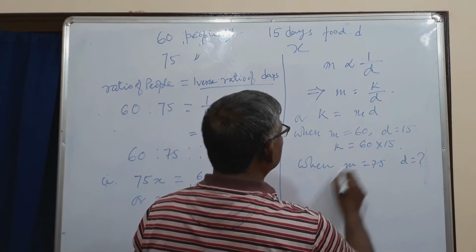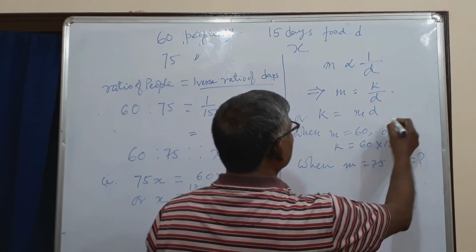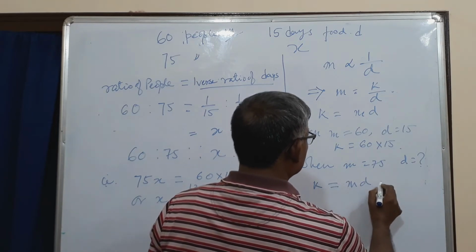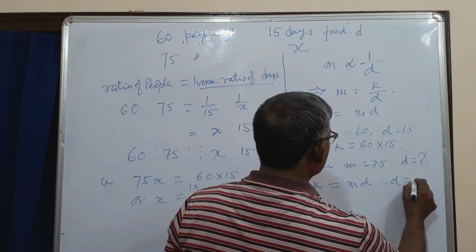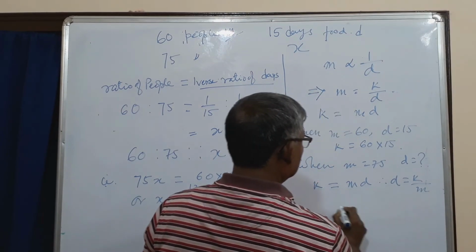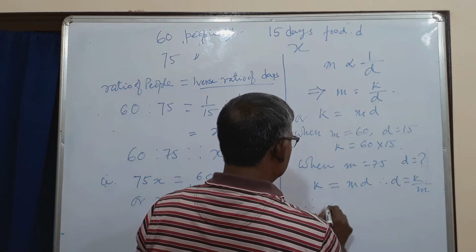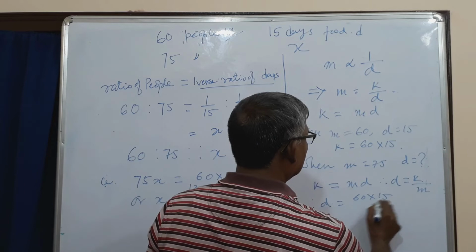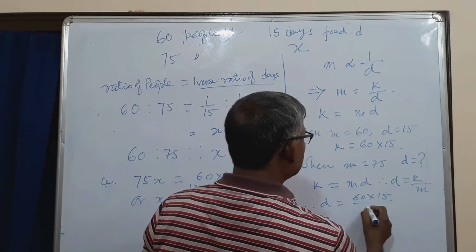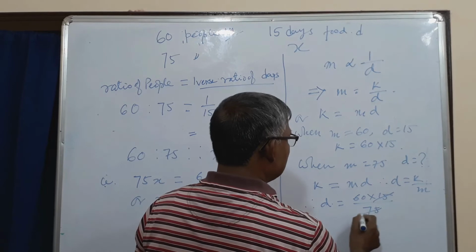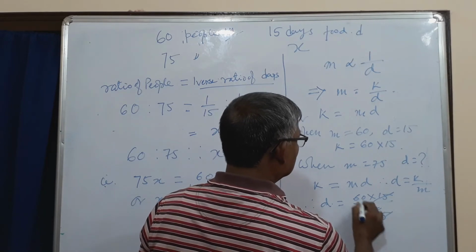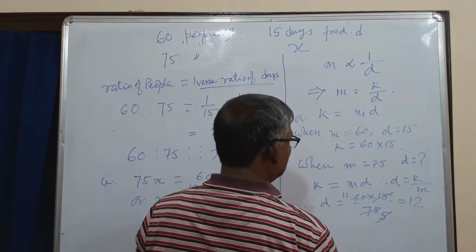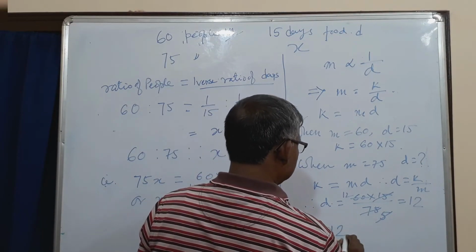Here k equals md, therefore d equals k by m. Therefore d equals 60 into 15 by m. Here m is 75, so it is cancelled by 5, it is 12, so d will be 12. So the answer is 12.